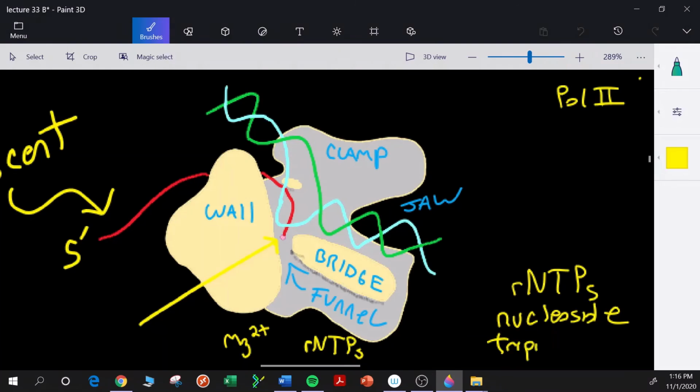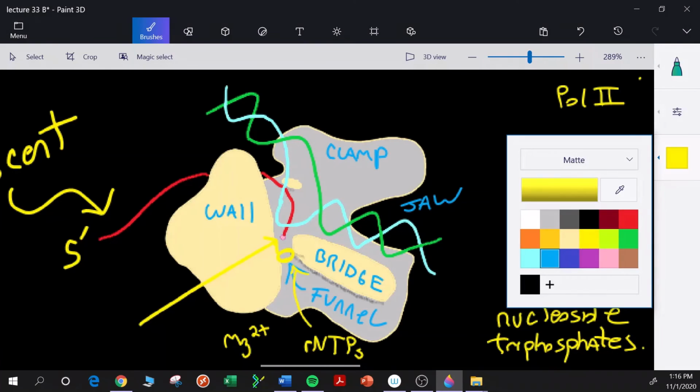Because we are transcribing RNA here. Pol 2 is transcribing RNA. And they will enter through the funnel, which is sort of this big area down here. And this little narrow region, we're going to call that the pore.